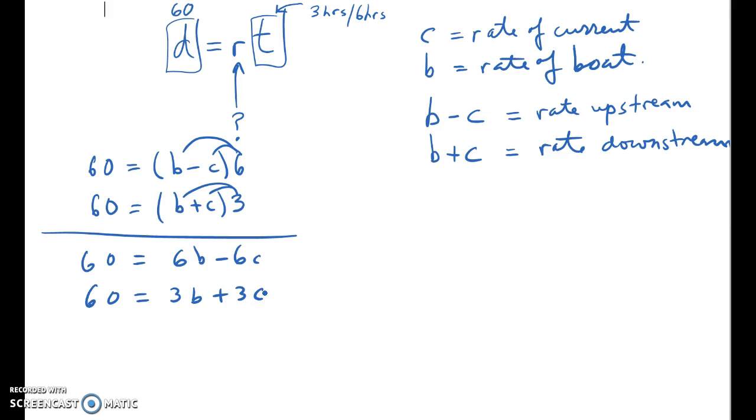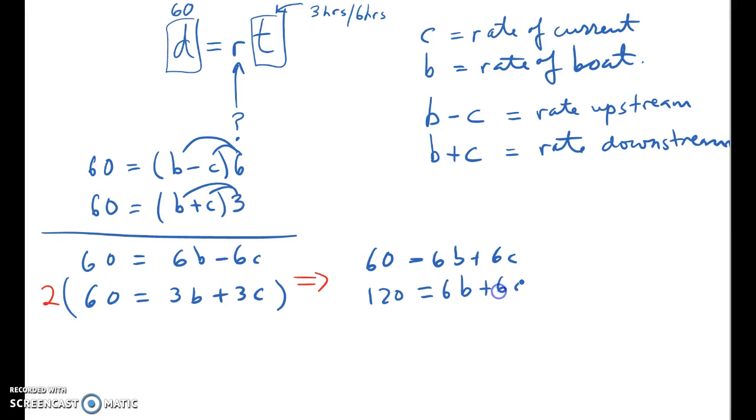And then if we're using elimination, which turns out it would work pretty nice here, we could multiply this equation by 2, and we'd get 120 equals 6b plus 6c, and I actually made a mistake above. This should be negative right here.